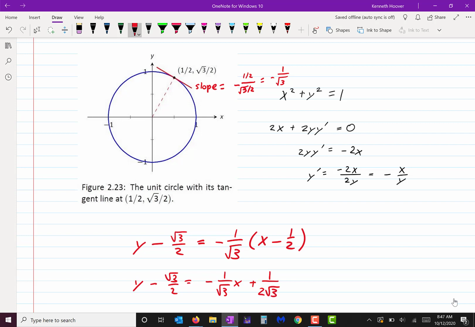And then we would take the negative root 3 over 2 and move that to the other side. And it would have a plus root 3 over 2. Here's your slope, and here's your y-intercept. Okay?